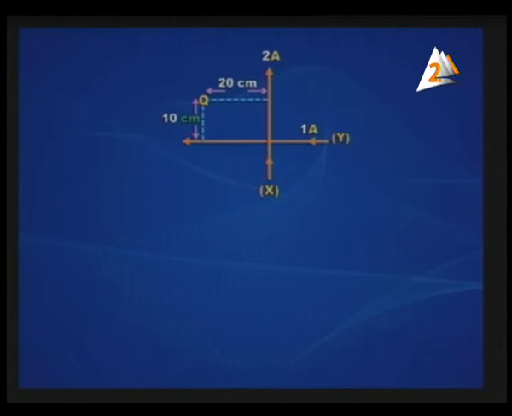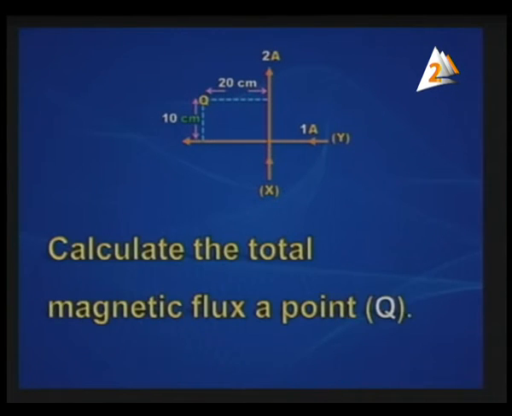And we want to calculate the total magnetic flux at point Q, which is 20 centimeter away from the 2 ampere wire and 10 centimeter away from the other wire. Once again, calculate the total magnetic flux at point Q.